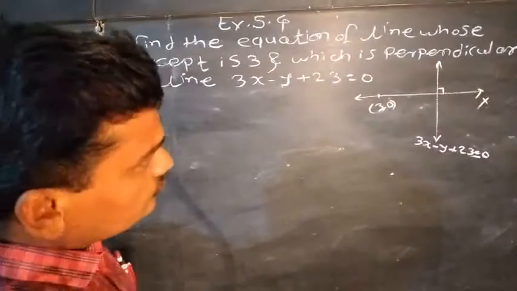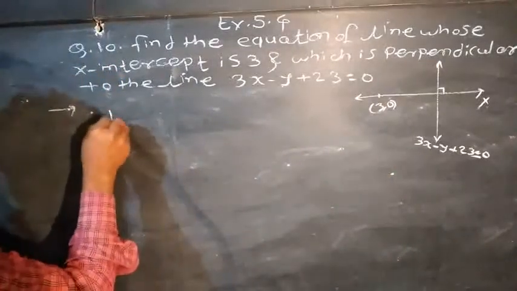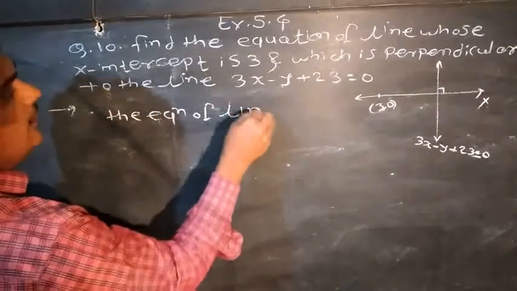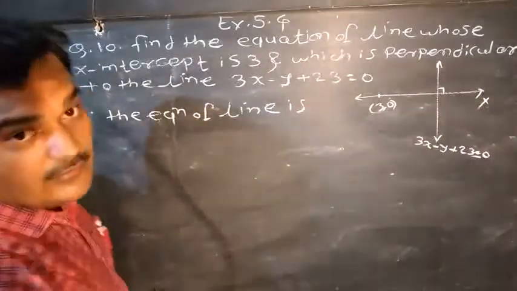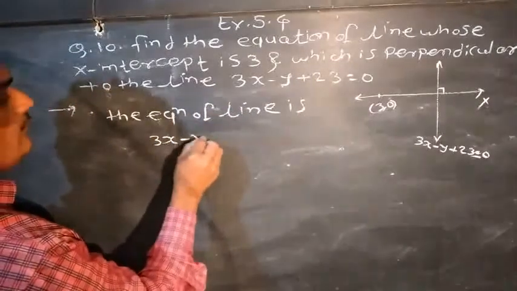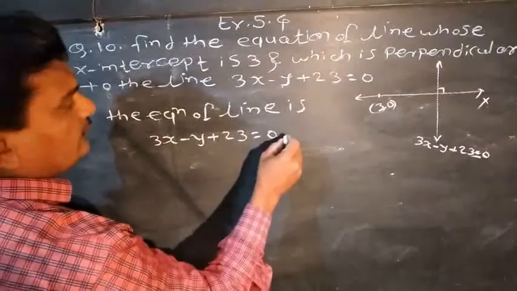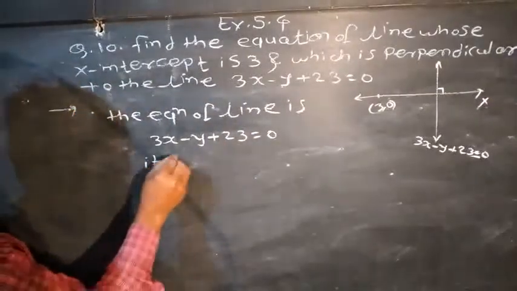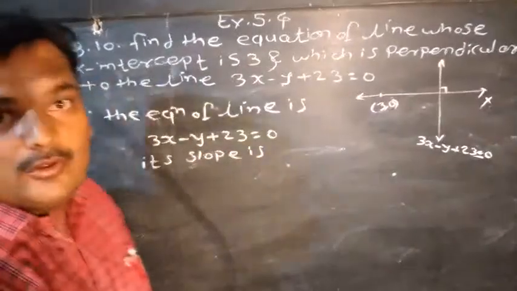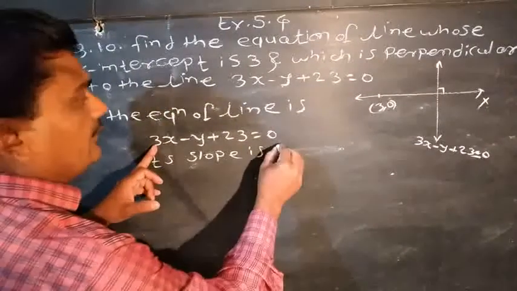First, you know the equation of the line. The equation of the line is given: 3x minus y plus 23 is equal to 0. Its slope is, use the formula, minus a divided by b.